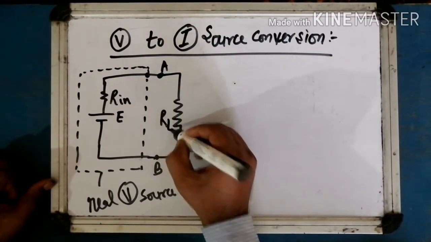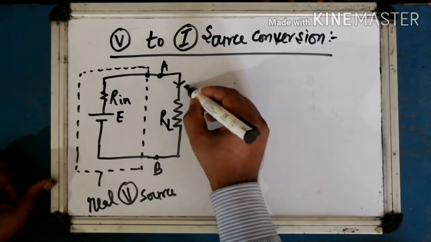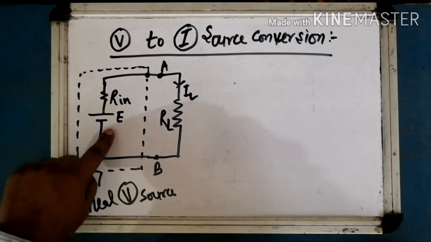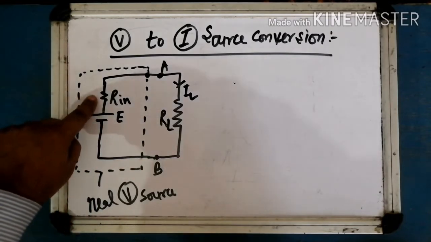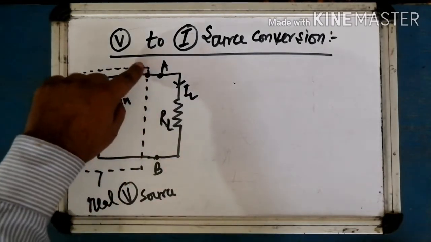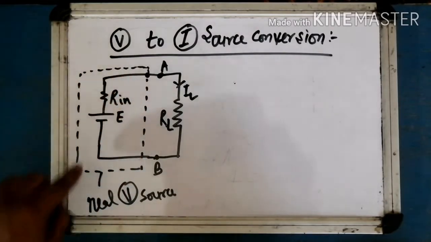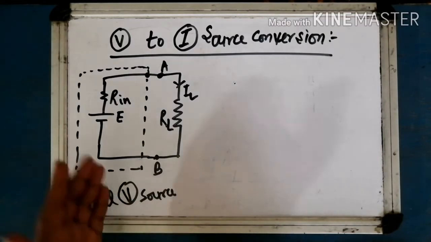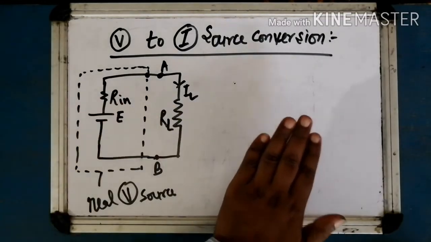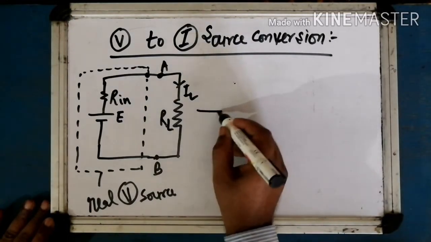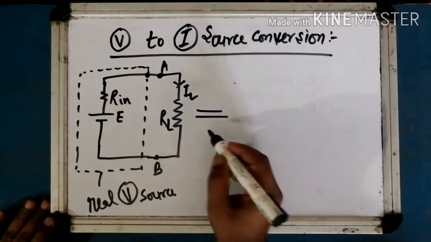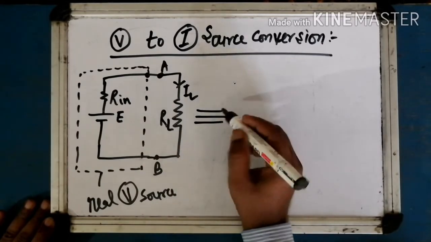This one is RL and current through the load is IL, right? This one is the voltage source having certain internal resistance. So this portion shown by the dotted line is known as real voltage source. Our task is how to convert this real voltage source into the equivalent current source. See, the next diagram is for equivalent current source.